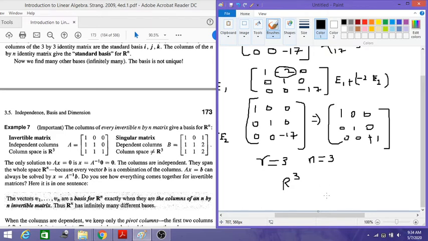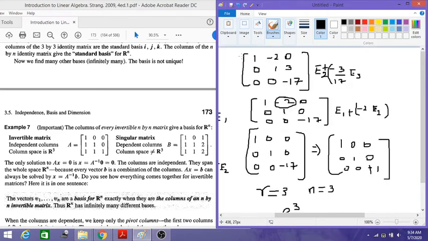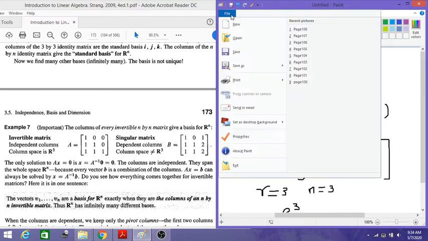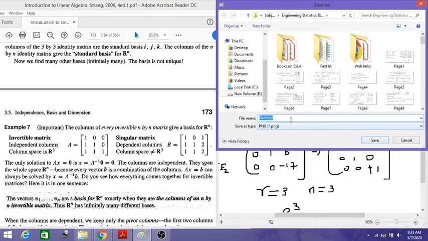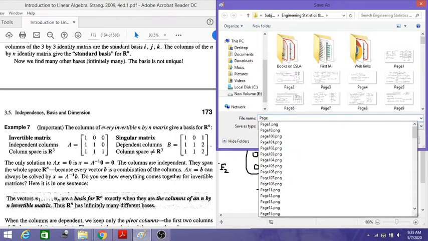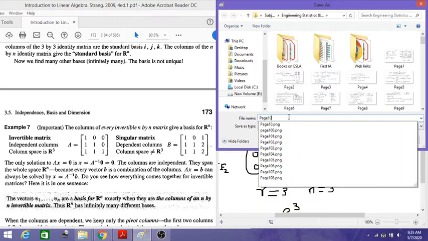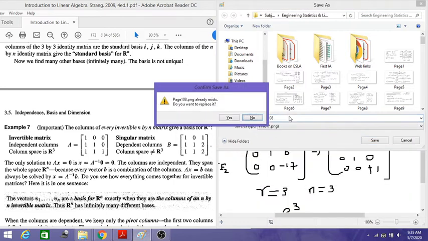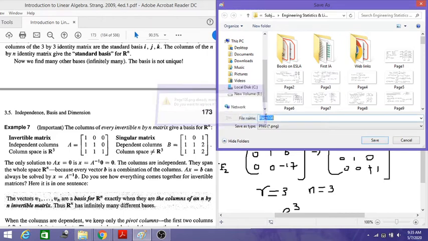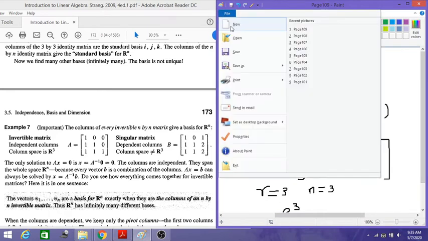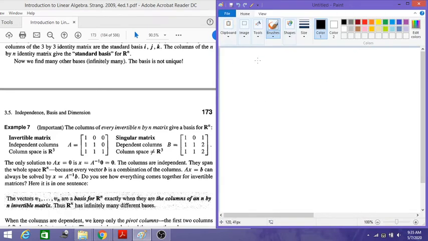So now let's take one more example here to understand whether the vectors are a basis or not. So let me save this page here. This is page 9. Take a new page. So now let us take new vectors, the same thing, we will change the third column.